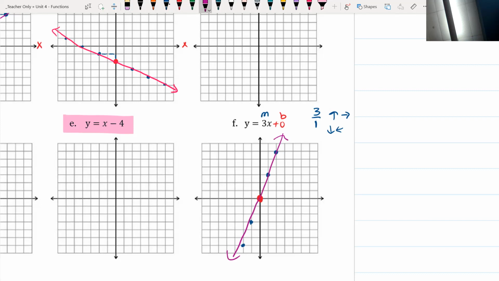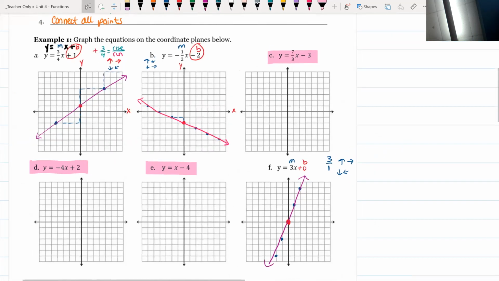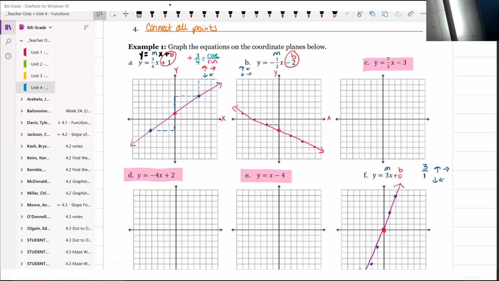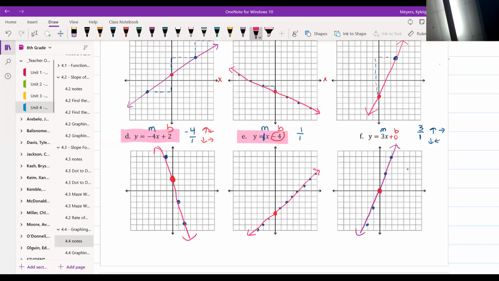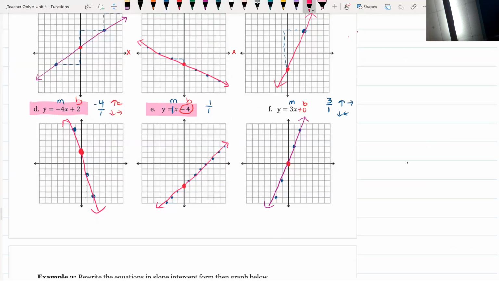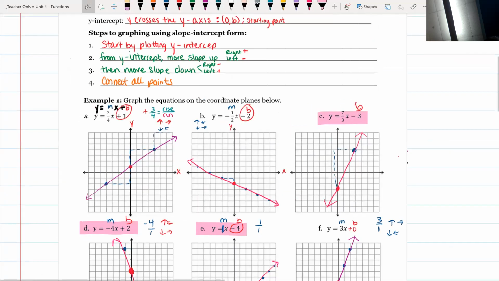So I want you to pause and try examples C, D, and E for me. All right, so check your answers against mine. For C, we started down at -3, then we go up and to the right because it's positive.